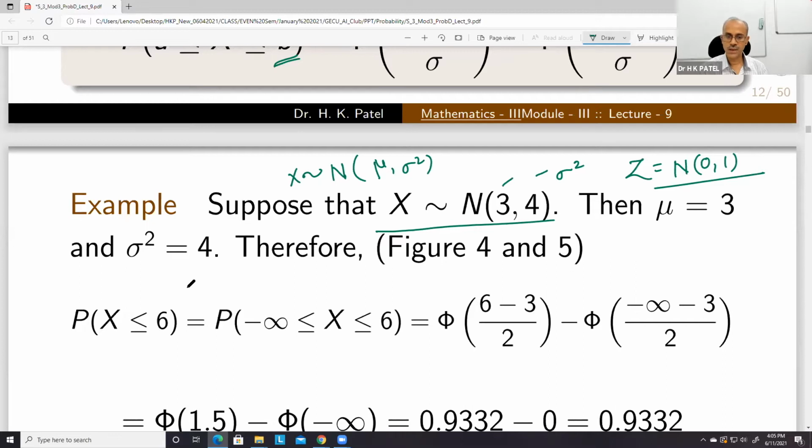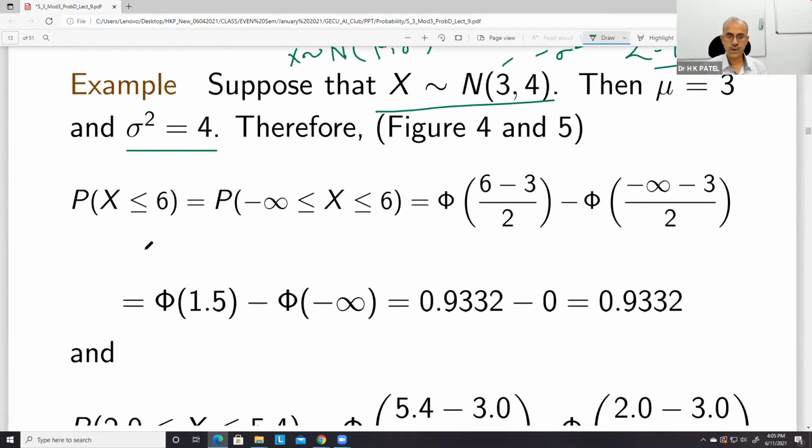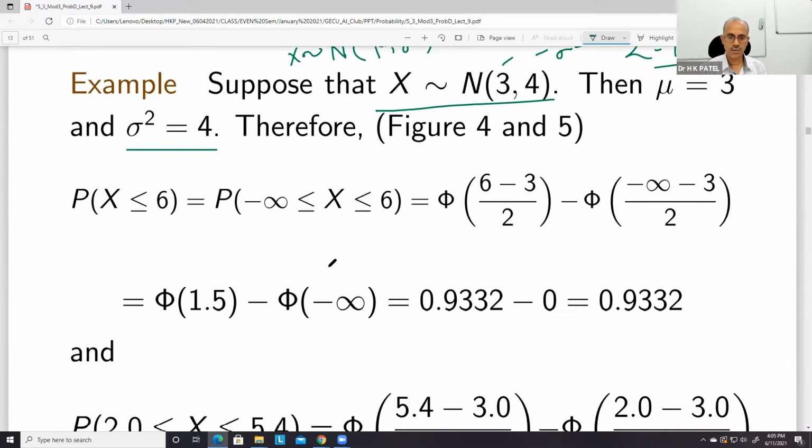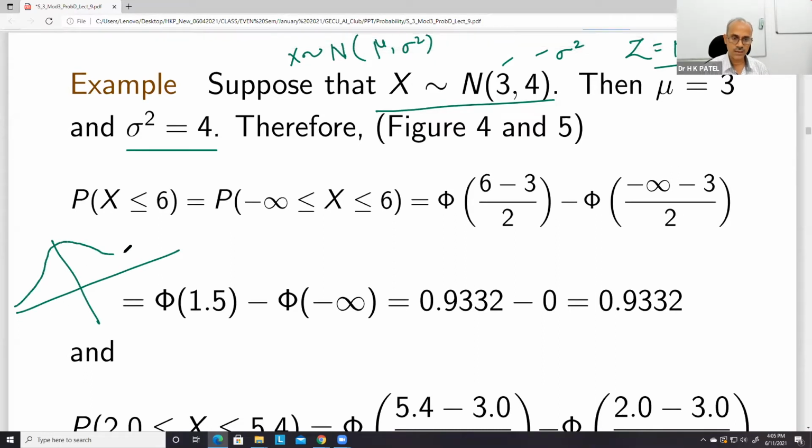So mu is 3 and variance is 4. And if we want P(X ≤ 6), it means it is just like this. Somewhere 6 will be here. So we want to find this area.